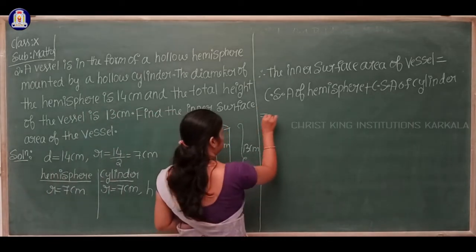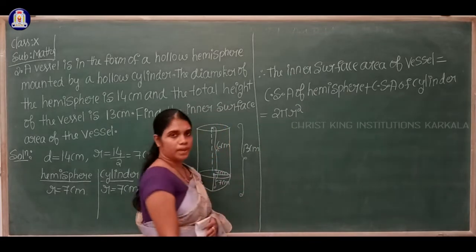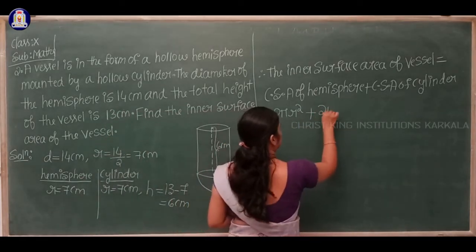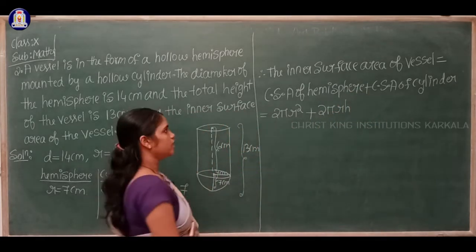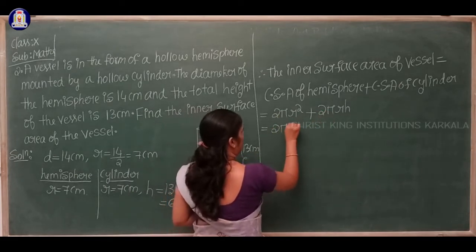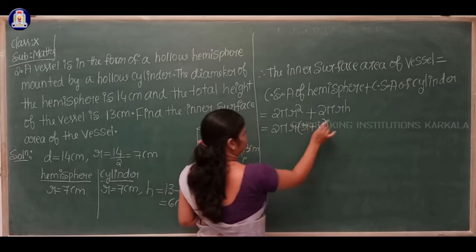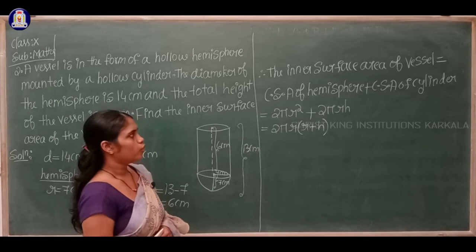What is the formula to find the CSA of the hemisphere? The CSA of the hemisphere is given by 2 pi r square, plus the CSA of the cylinder, which is given by 2 pi r h. Now take the common elements. 2 pi r is common here, so what is the remaining? r plus h.